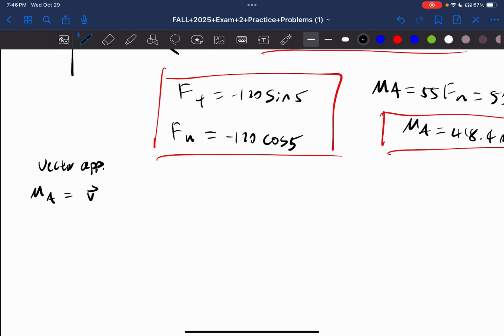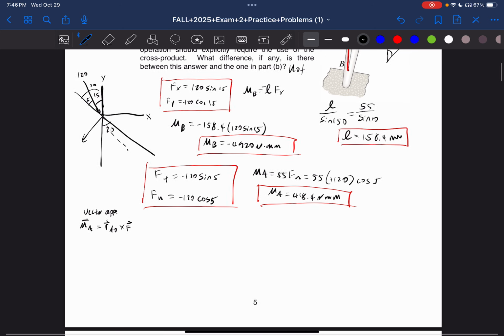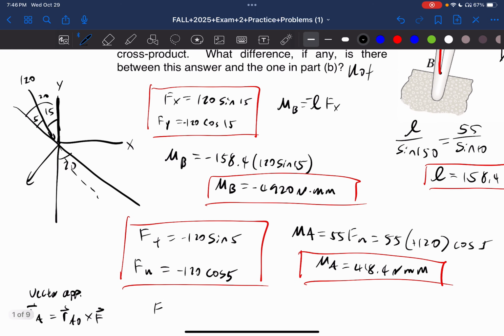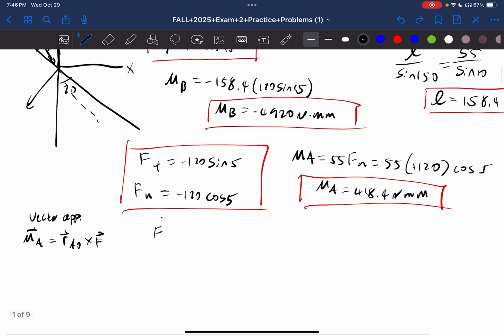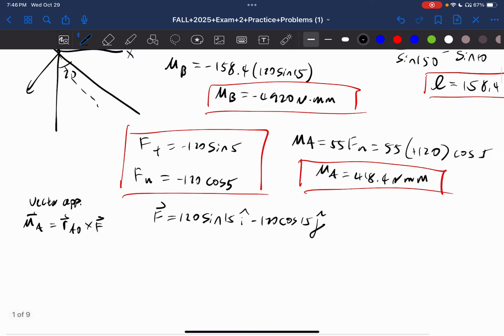A vector A to O, cross force. We need our force, the vector force, which we already have up here. So force is going to be equal to 120 sine 15 i minus 120 cosine 15 j.